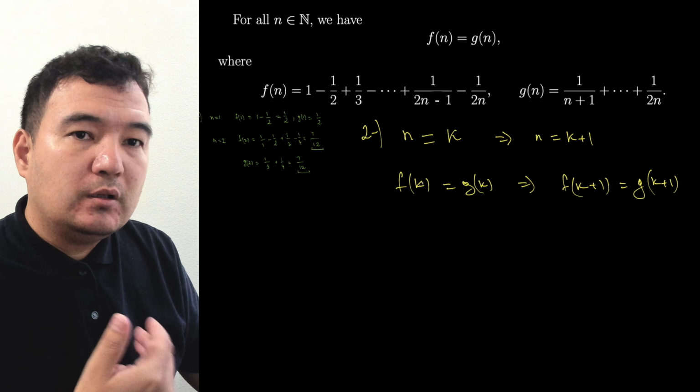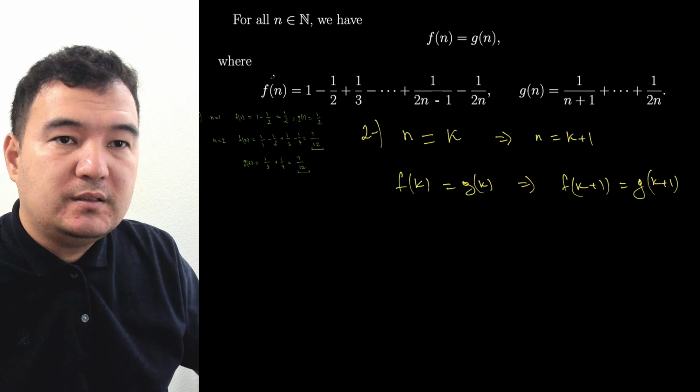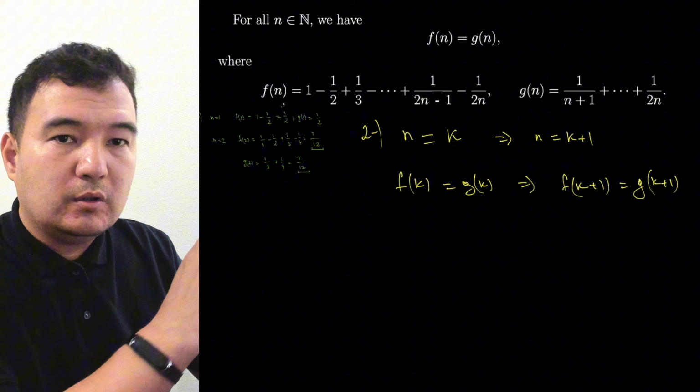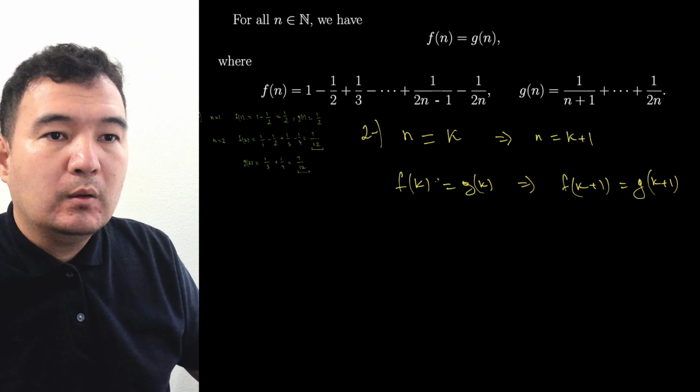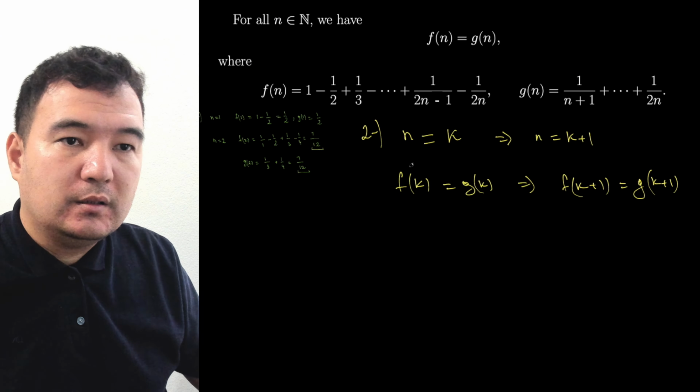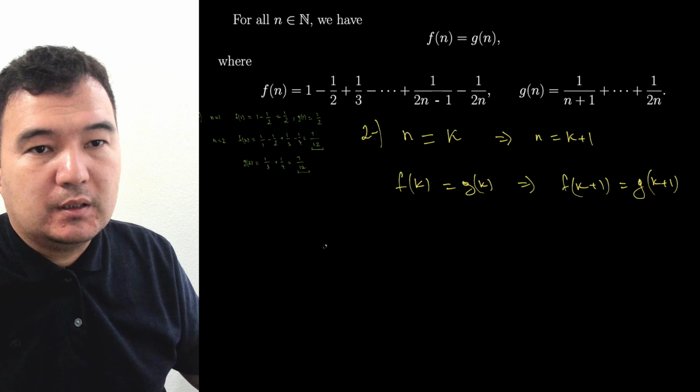Since every next term of this sequence adds new terms to the end of the sum, we can write a relation between f of k and f of k plus 1.